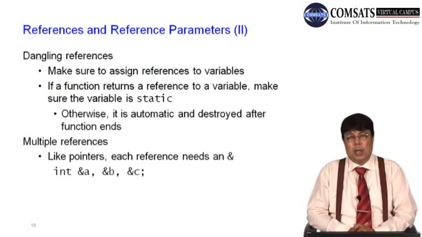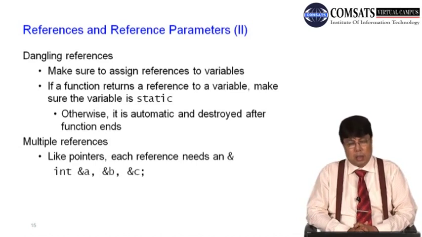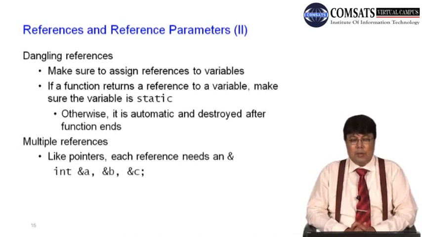Dangling reference is a terminology normally used in programming, and it means that you have a reference to a variable that doesn't exist. What does it mean? If you are using a reference to a variable and returning it as a return type from a function, you should know that automatic variables have a life, and that life is within the life of that particular function.